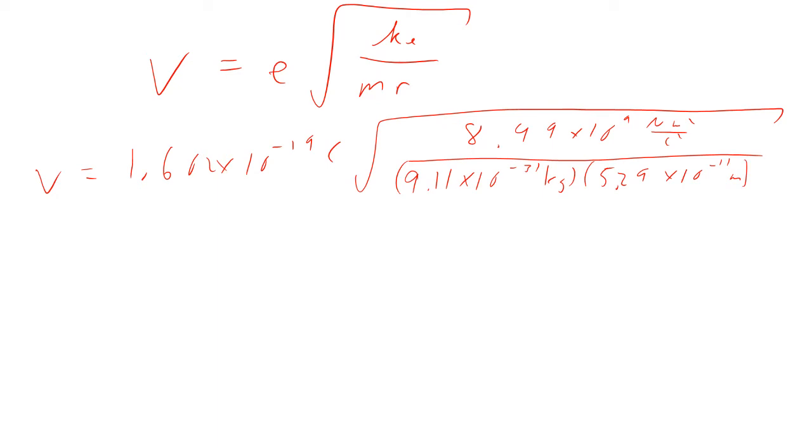Working this out, the kilogram cancels the kilogram that's in the newton, a meter up here cancels one of those, and what's under the square root comes out to be meters per coulomb second. That cancels the coulomb up there, and the answer comes out in meters per second. So it's 2.19 times 10 to the 6 meters per second.